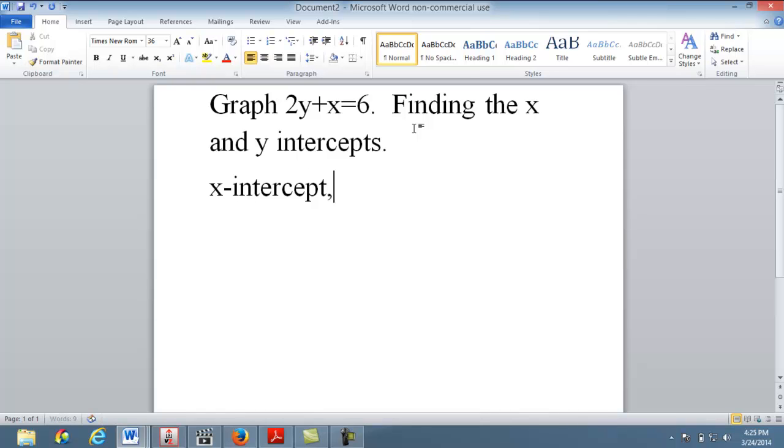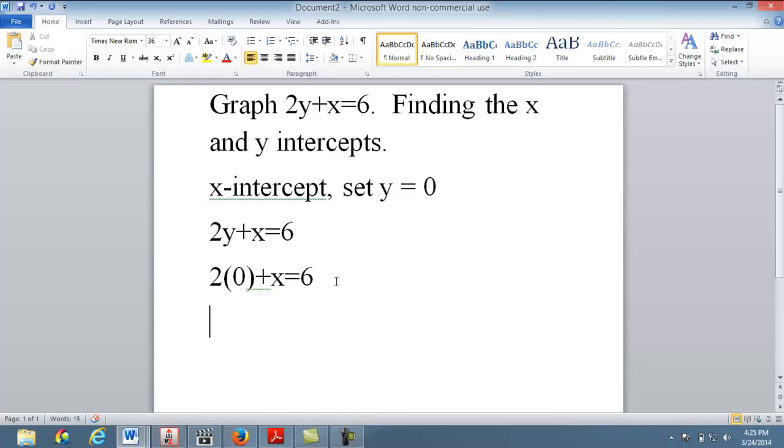Okay. For the x-intercept, set y equal to 0. So what I would do is take the equation 2y plus x equals 6, set y equal to 0, and solve for x.